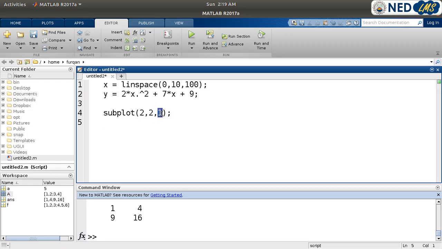And this one represents that we are using the first of the four created plotting areas. Now plotting x comma y.